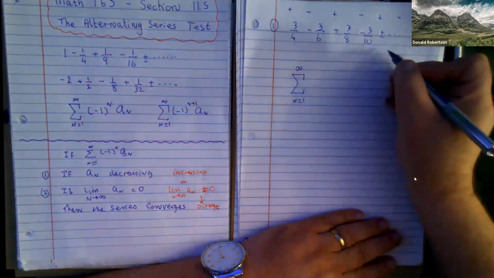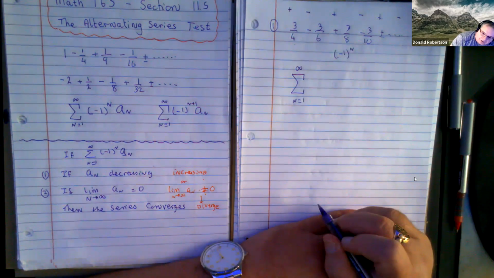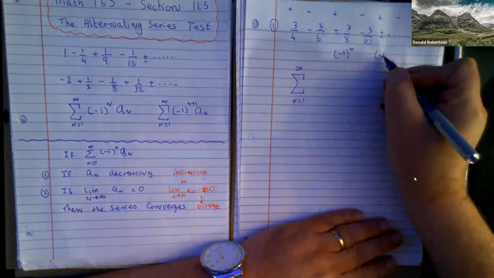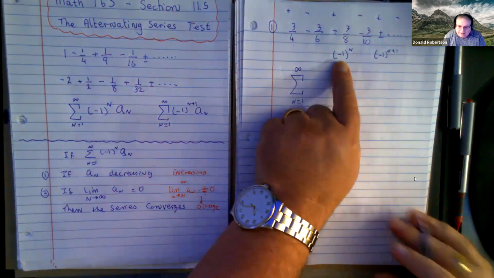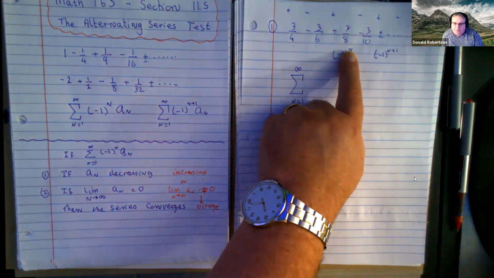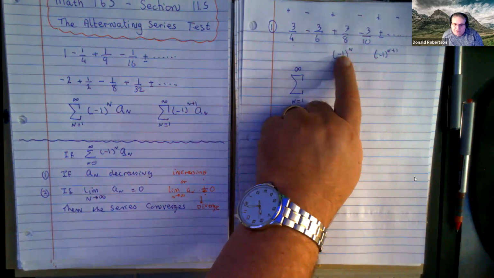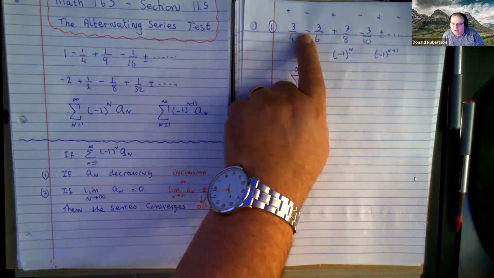Now, there's only 2 versions that you need to concern yourself with. There's the one that looks like that, and the other one looks like that. Now, if you plug 1 in here, you get -1 as your answer. So use this series if it starts with a negative and then does a plus.